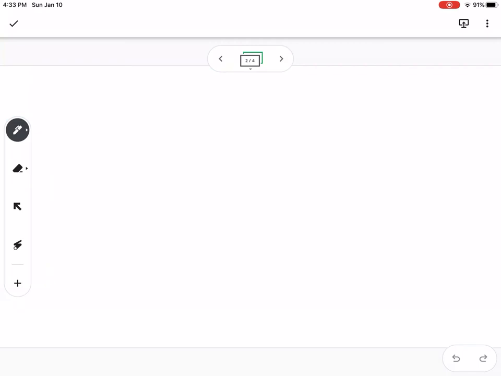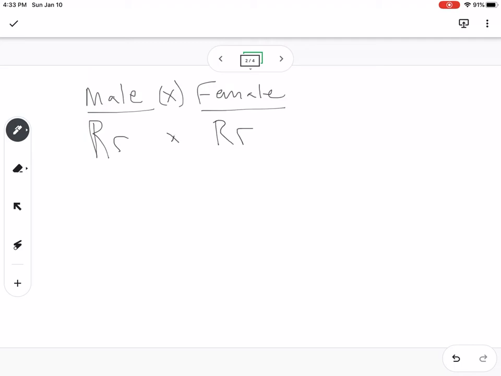Okay? So let's take this a step further. If we cross these two plants, the male with the female, that means they're sexually reproducing. Remember, the male is big R, little r. The female is big R, little r. We're going to cross those two together. Capital R equals round.